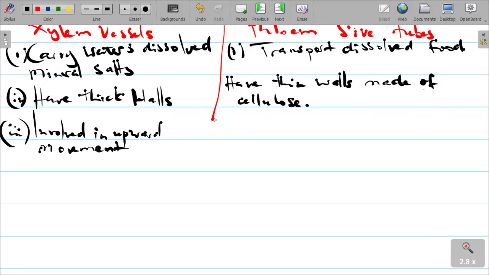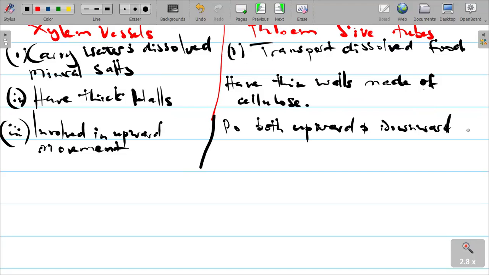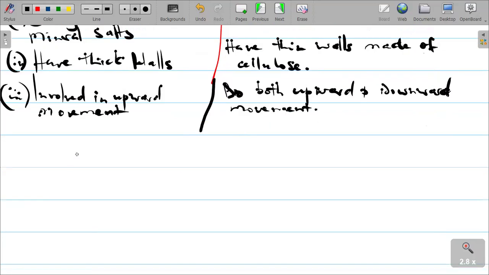But if you can check on the phloem, they actually do both upward and downward movement. They do both downward and upward movement, which is the transport of dissolved food and minerals, the translocation process.